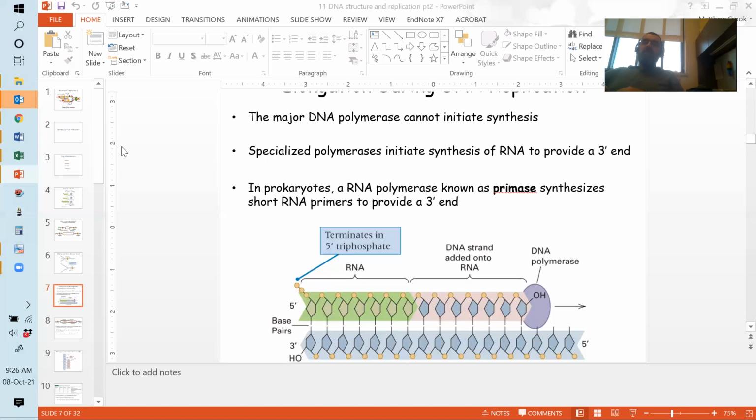And so that is why the lagging strand is the lagging strand, because it has so many RNA primers in it that need to be removed.